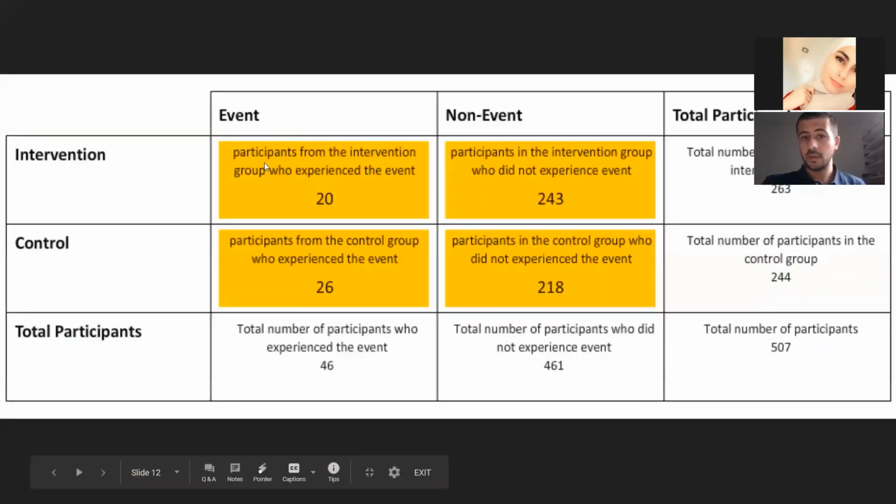With this table. This table is called a 2 by 2 table. This is very important for categorical data. What does 2 by 2 mean? For this variable, the event, I have 2 outcomes, event or no event. And for the intervention, I have 2 options, intervention or control. So if I multiply them, we have 4 cells.